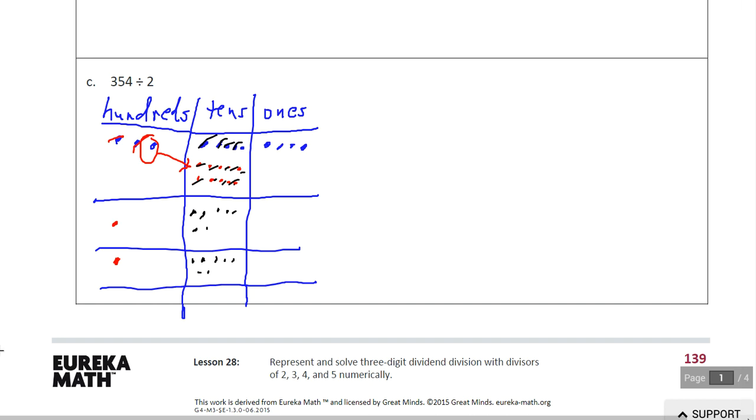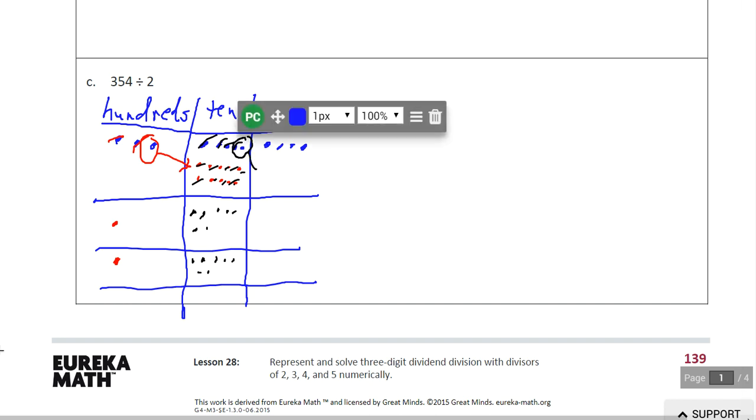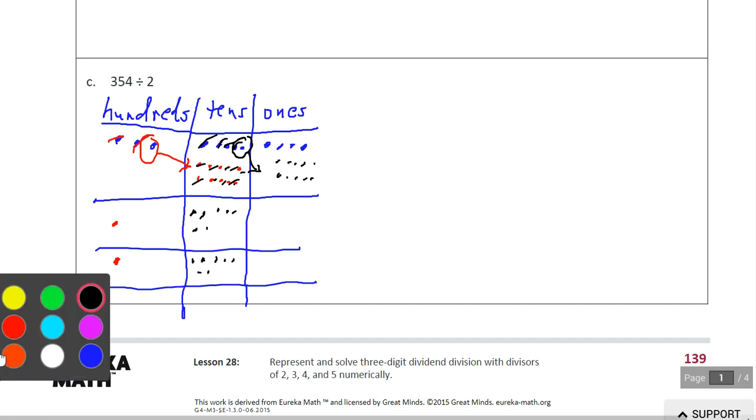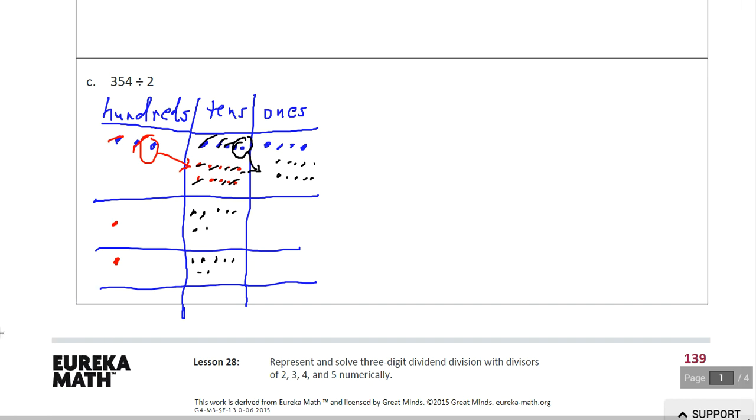Now, as you'll see, I do have 1 left over here, so I'm going to have to bring that one over again. So that's going to be 1, 2, 3, 4, 5, 6, 7, 8, 9, 10. And then finally, I will have to distribute those. I have 14 there. So 1, 2, 3, 4, 5, 6, 7. So I'll end up with 7 there after I distribute all of those discs.